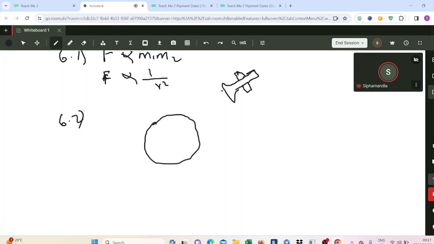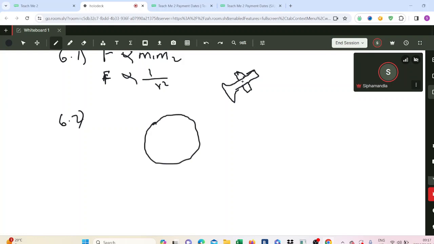Now remember, when you are stating the universal gravitational law, you say that the force is directly proportional to the product of the masses and inversely proportional to the square of the distance between their centers.